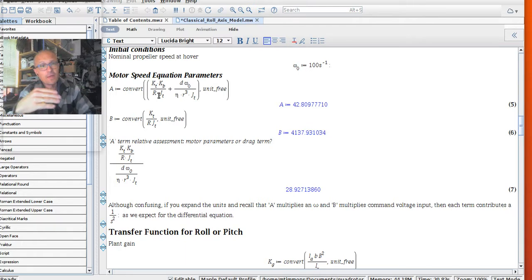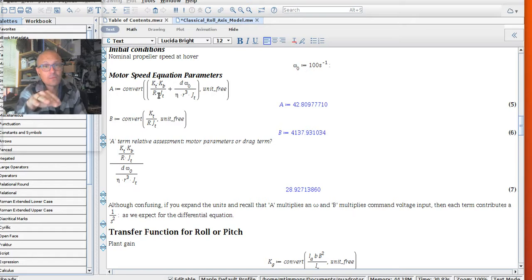But we know that with mechanical systems in general, the bigger they get, the lower their frequency response. The larger their moments of inertia are, the lower frequency responses they're going to have, both to disturbances and to actuation.